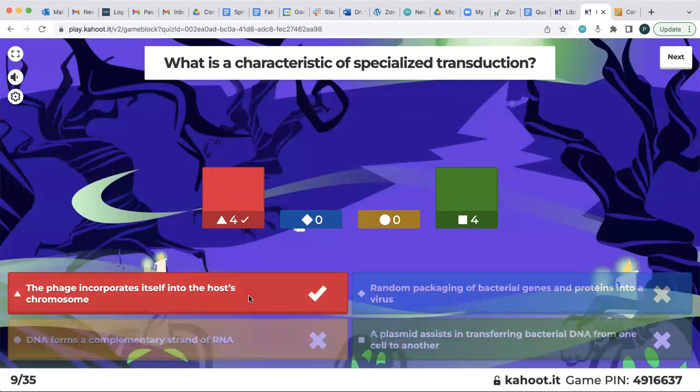A phage incorporates itself into the host chromosome. That is specialized transduction. Generalized transduction is the blue one. So glad none of you answered that one. A plasmid assisting in transferring bacterial DNA from one cell to another is conjugation. A plasmid is used in conjugation. A bacteriophage is used in transduction.